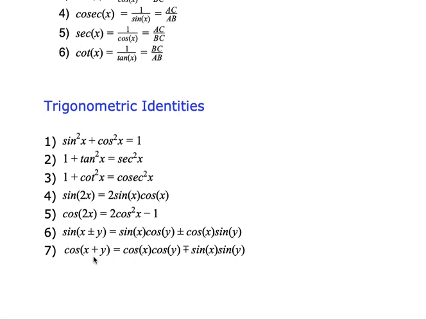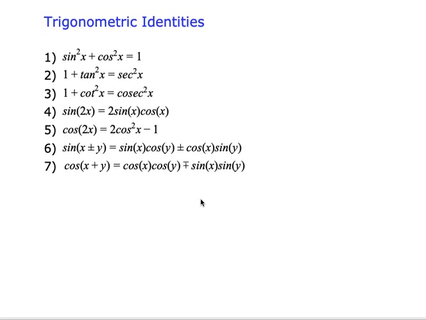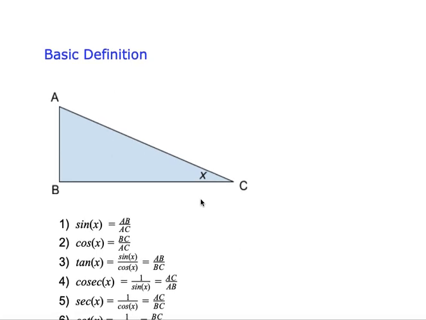My apologies that I made a typo over here. Nevertheless, if we put y as x, we will have cos x into cos x, which is cos square x, minus sin x into sin x, which is sin square x. And then you can use that sin square x equals 1 minus cos square x, and you will boil down to this identity. So this is pretty much the introduction of trigonometry from the point of view of physics.